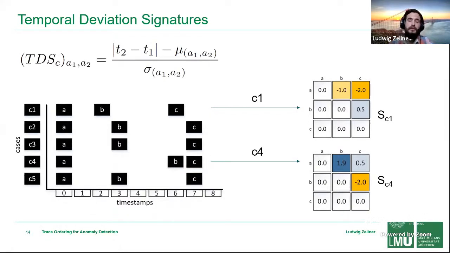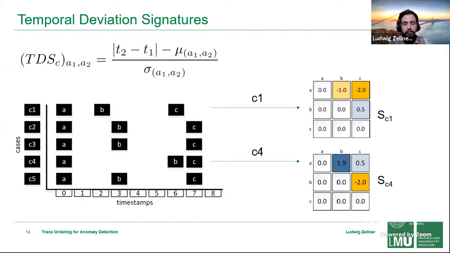So we can compute the temporal deviation signature for each case, which is a matrix with the standardized activity relation, but only given the relation is present in the case. If that's not the case, then 0 is assigned, which you also can see in the matrices and the temporal deviation signatures on the right-hand side.